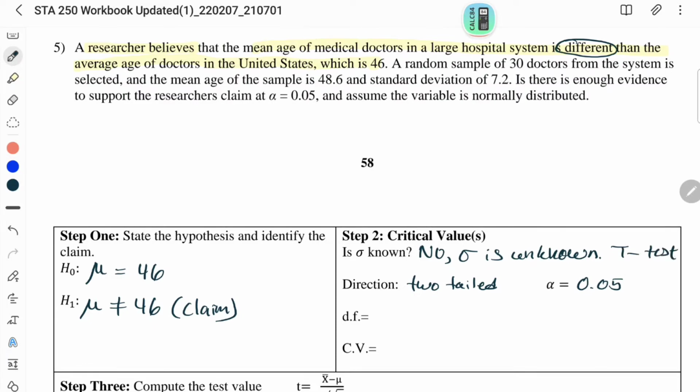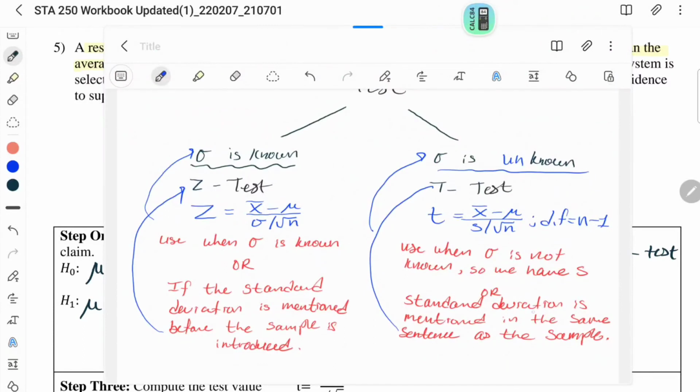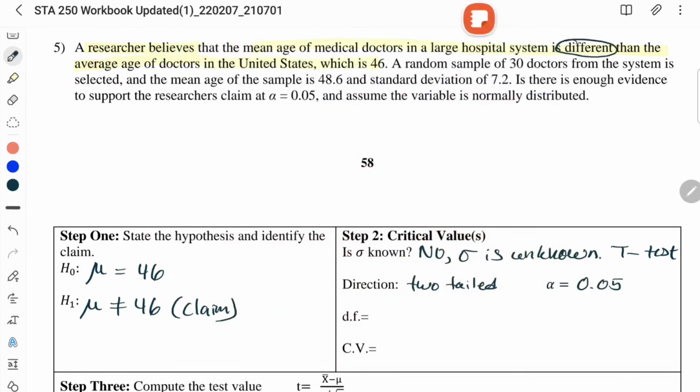How do we know that we do not know the population standard deviation? Go back to the work. If the standard deviation is mentioned in the same sentence as the sample, that is a t-test. That means we do not know the population standard deviation.